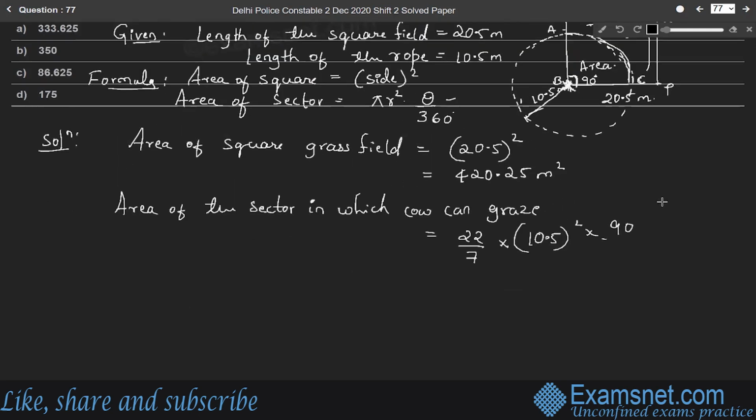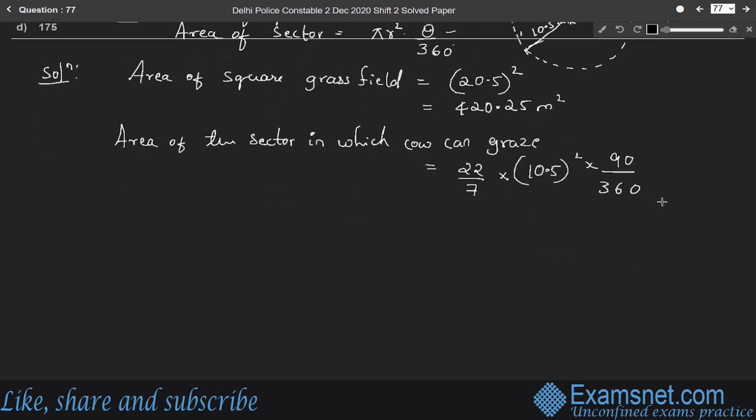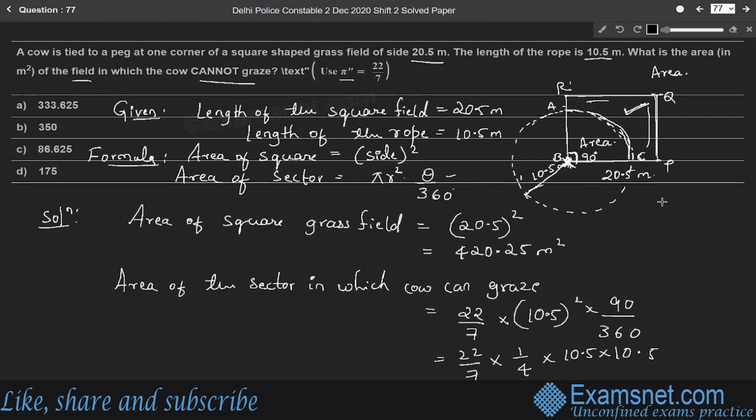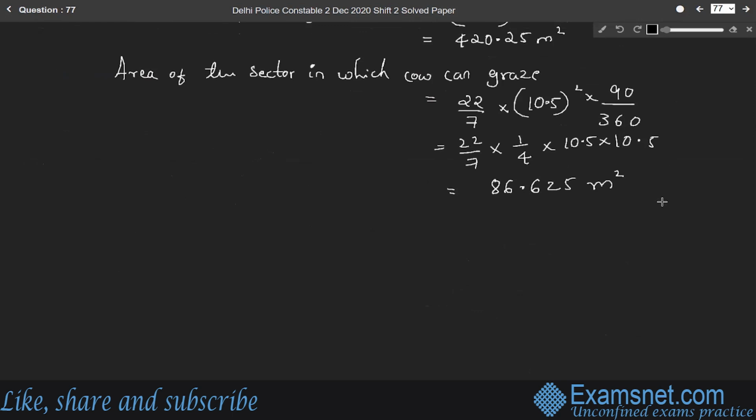Theta is 90 degree here by 360. So simplify it. We will get 22 by 7 into 90 by 360, which is 1 by 4, into 10.5 into 10.5. So the final answer will be 86.625 meters square. Therefore, area in which cow cannot graze will be the difference of these two areas.